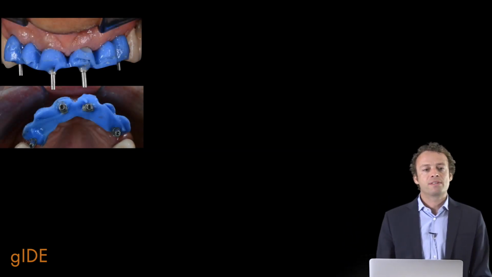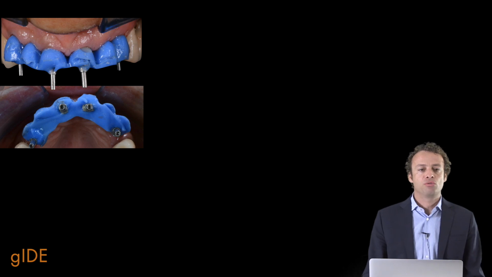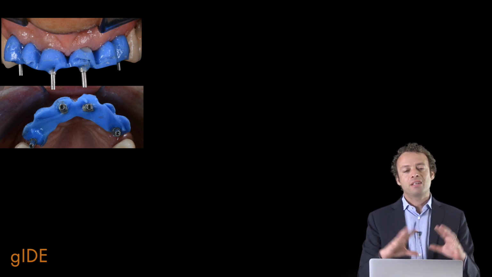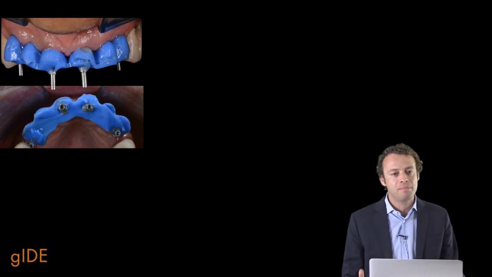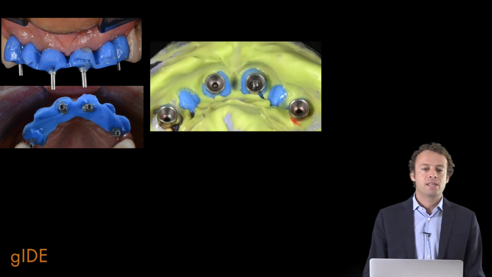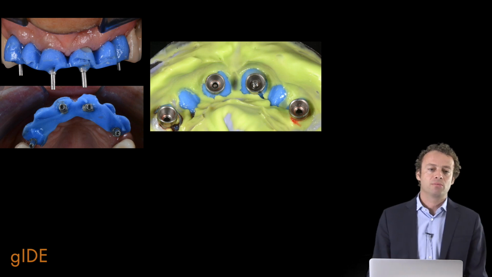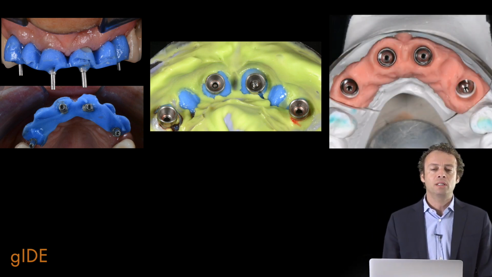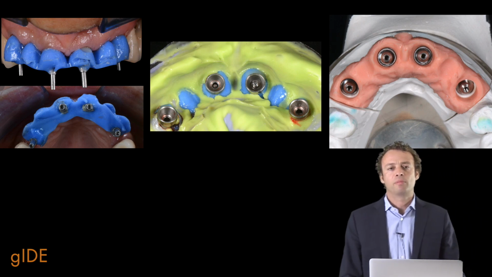In this picture we can see the intraoral situation during the impression. We can see that the blue material maintains the soft tissues exactly in the same situation as the temporary. The impression also in this case is realized with the silicone material. And this is the model, the analogical model that we get from this kind of approach.